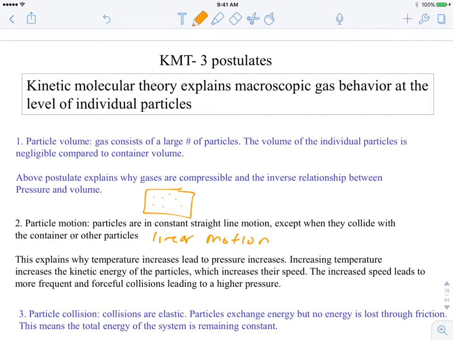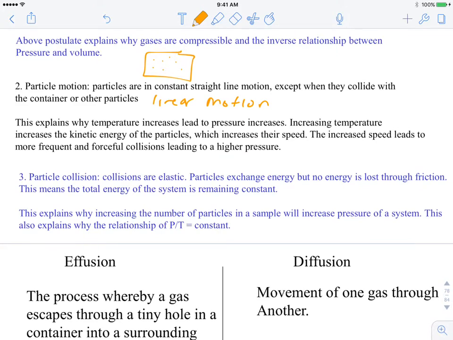And finally, the last thing is when those particles collide with each other. Collisions are elastic. What that means is that there's going to be an exchange of energy between the particles, but the total amount of energy for the system is going to remain constant. So there's no loss of energy when there's collisions, and there's no overall gain of energy.